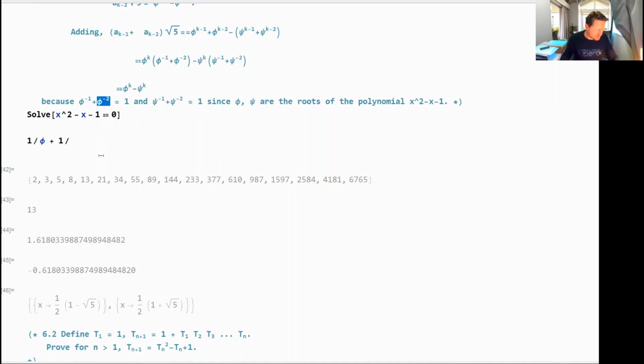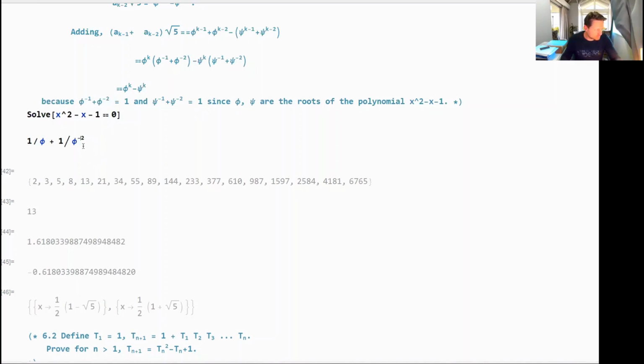So borrow this and then get rid of the minus sign there. All right, so what we want to do here is make those have common denominators, but when we do that, we have to multiply the first one by phi, right? So then we have in the numerator phi plus 1 all over phi squared.